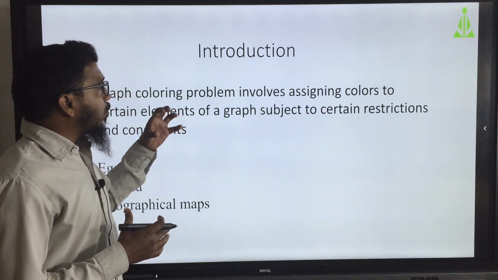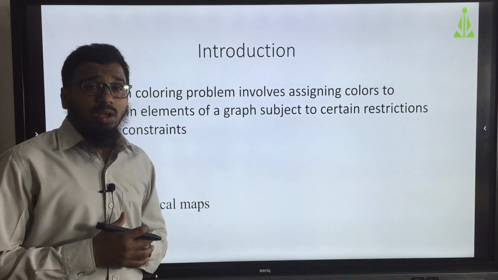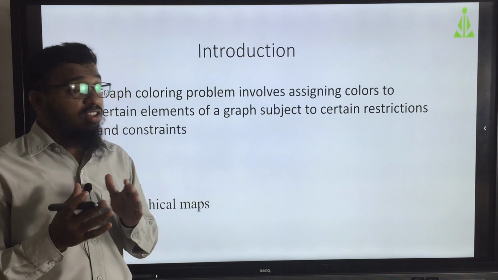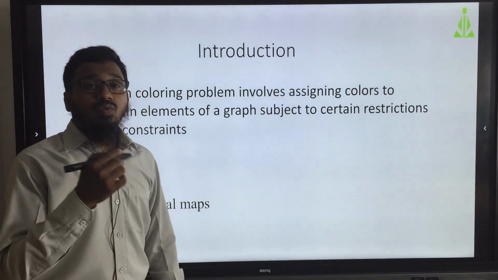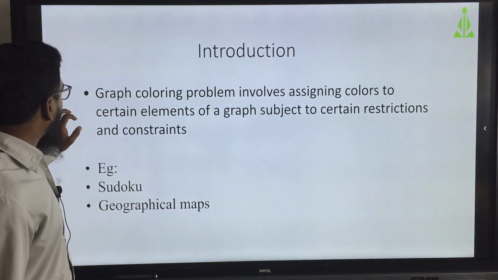So this is about graph coloring. We will see a graph coloring example, what a constraint is and what a restriction is, and we will continue.